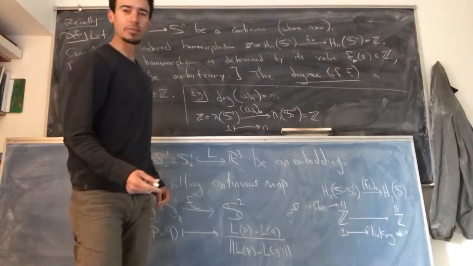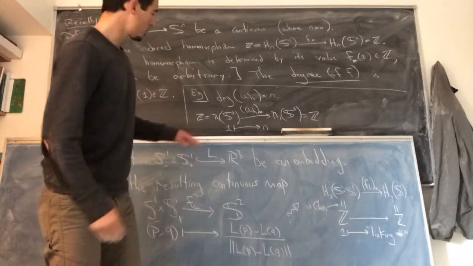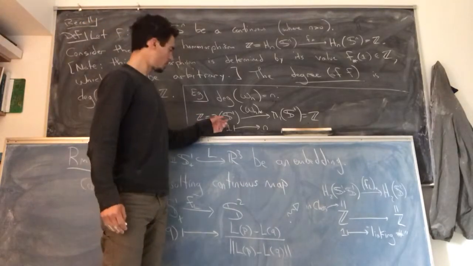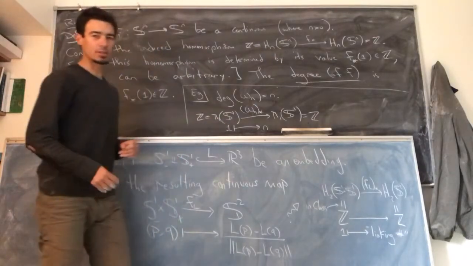And first homology is the abelianization of the fundamental group. But these are already abelian groups. So these fundamental groups are equal to the first homology of the circle.